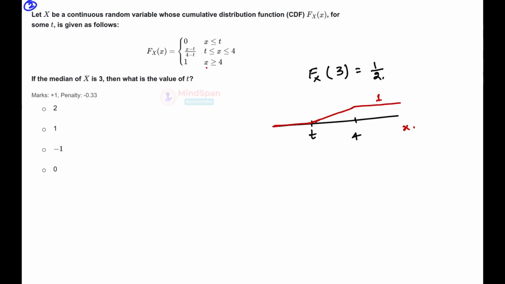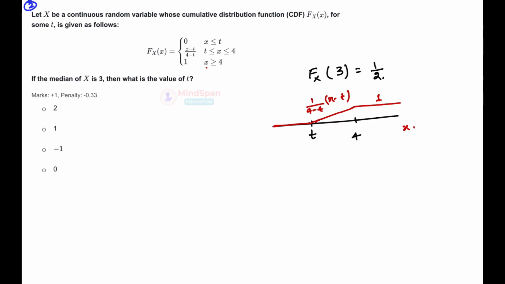So this is 1, and in between it is 1 divided by (4 minus t) times (x minus t), right? If we find the CDF at 4 we will get 1, so till here we have accumulated all the probabilities, but what we need is half the probability. So obviously the median will be lying between t and 4, right?